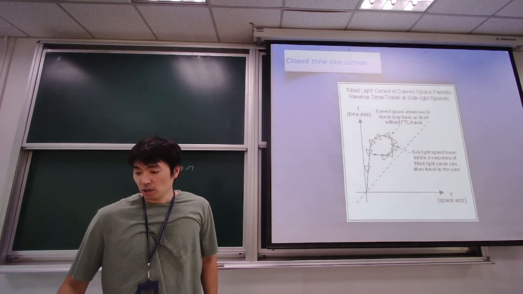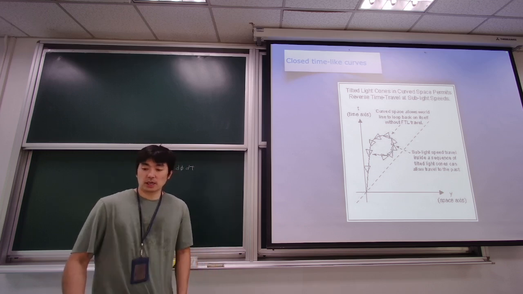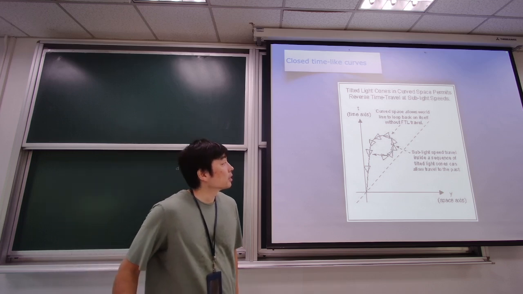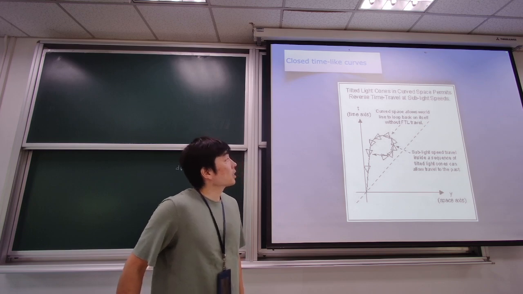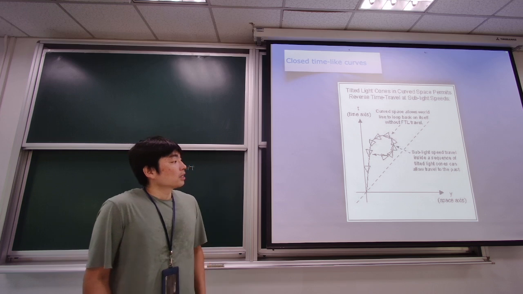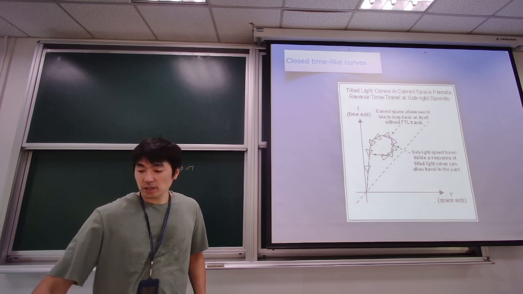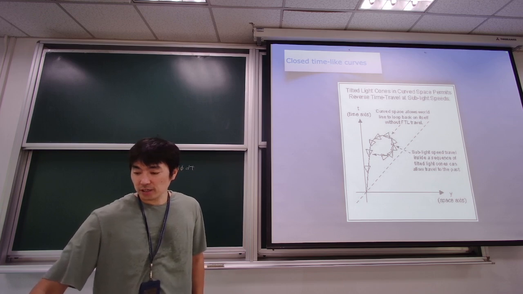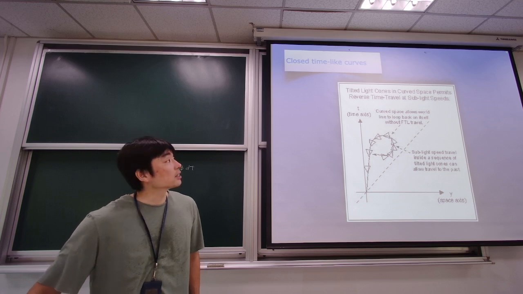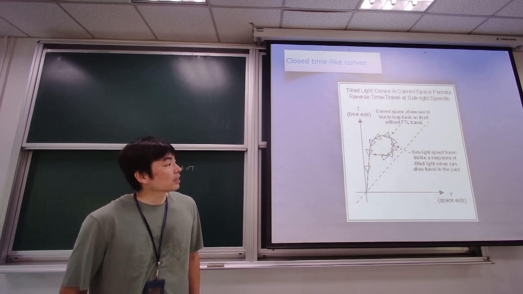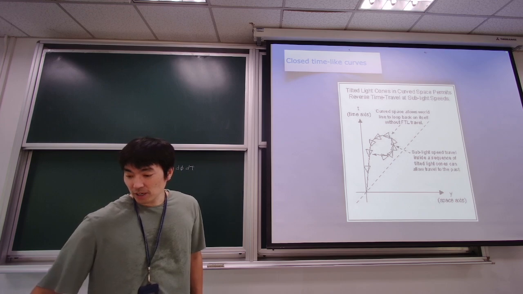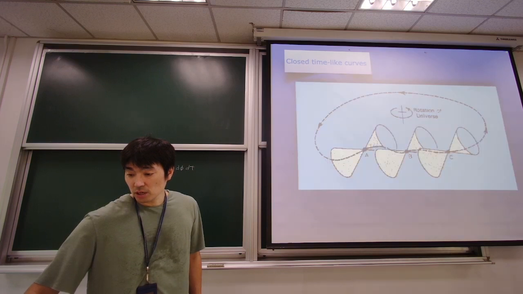We also encounter closed timelike curves, which somehow appear as a solution of the Einstein equation, but it is believed that in reality no such thing occurs. So there is something strange happening even in the solutions of the Einstein equation. Okay, so this is a rough picture of the closed timelike curves.